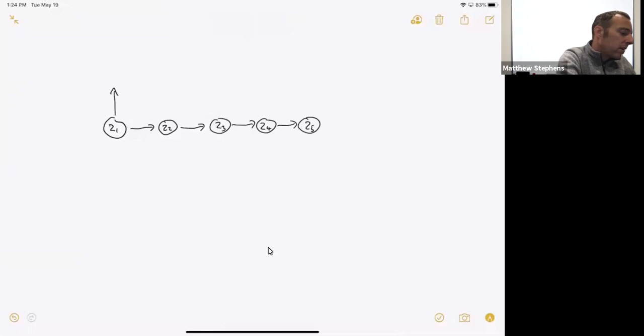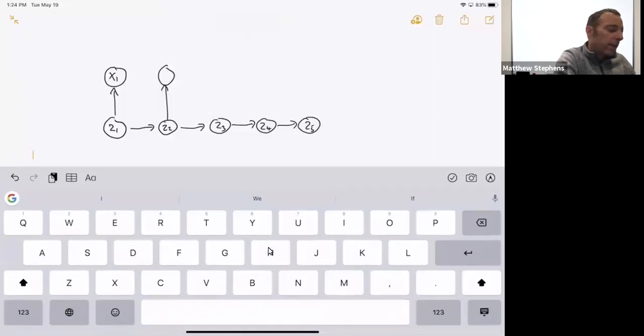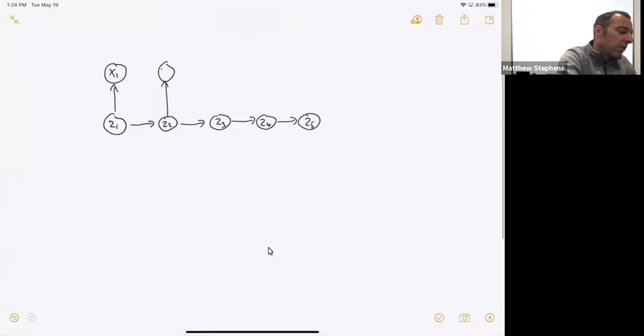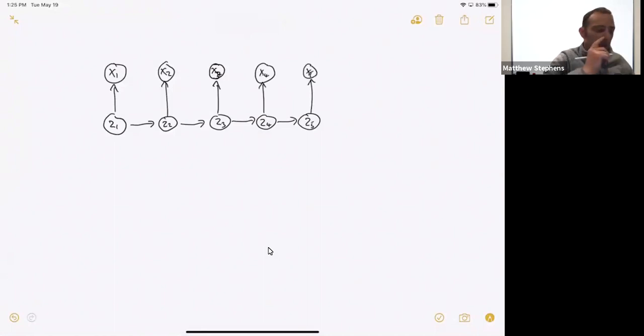Then we have these emissions. The genetic data at locus 1 depends on whether you were a forest or a savanna at locus 1, and the data at locus 2 depends on whether you were a savanna or forest at locus 2, etc. You can see it's kind of like a sparse structure here to this graph. It's a very structured graph, and it's this structure that allows us to do efficient computations.